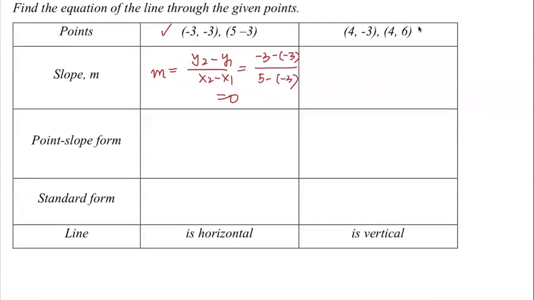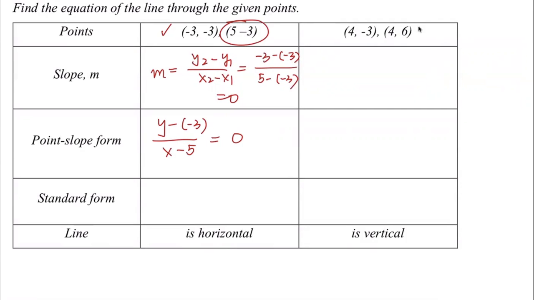We can find the point slope form. We can choose either of these 2 points, right? So we can say y minus -3. Okay, so let's choose this point. So y minus -3 over x minus 5 is equal to 0 because slope is 0, right?